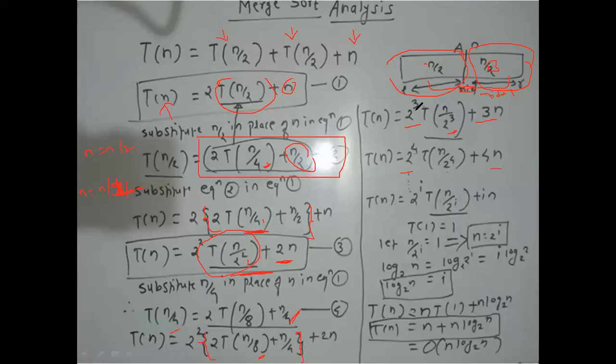So the value is incremented here, then here incremented, then here also incremented. So one variable is incremented in these, so I am taking it as the i value. So 2 power i, T of n by 2 power i, plus i n. The same number is repeated, so I am taking it as the i value.